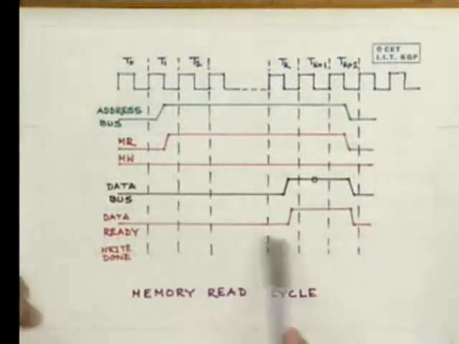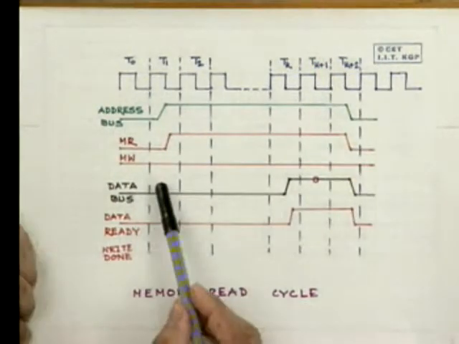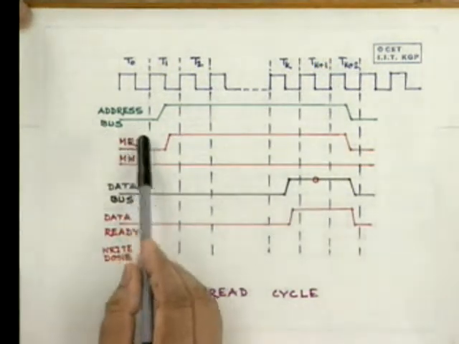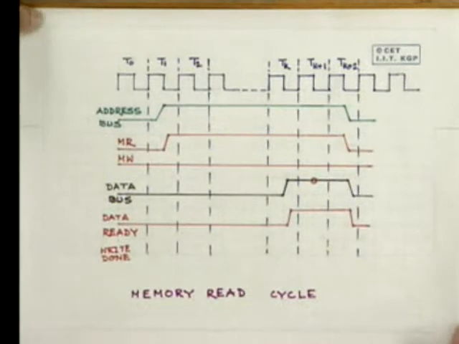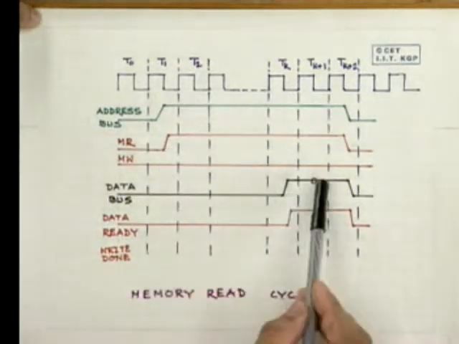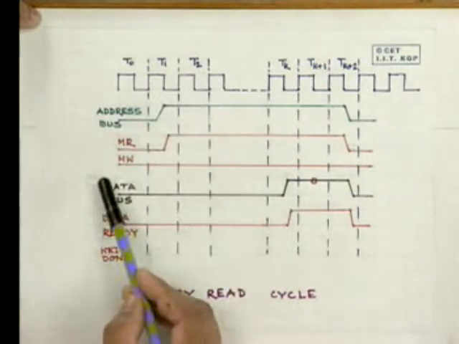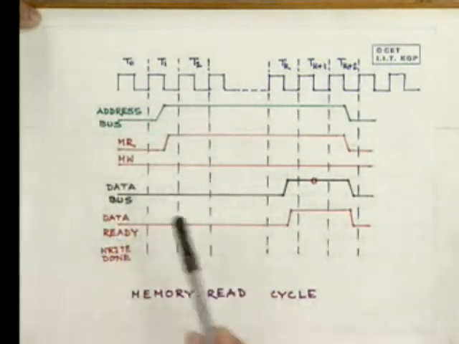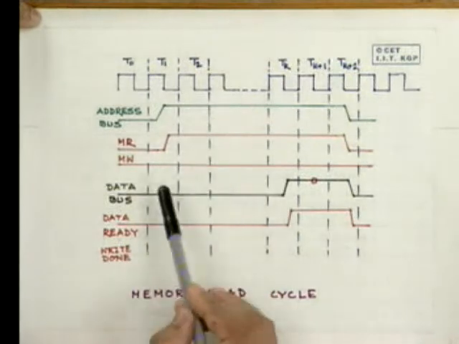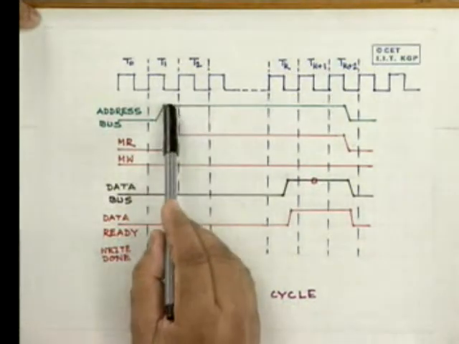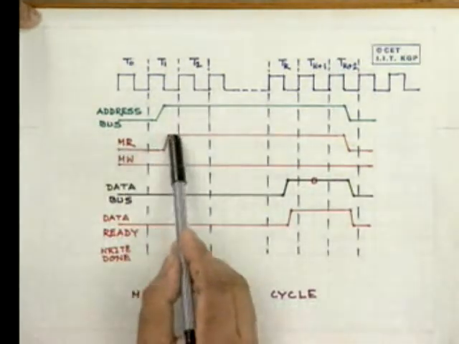Say that if we have an access and the memory is slow, for example the CPU wants to read something from the main memory, as the slide we showed earlier, the address bus is activated, memory read is activated. The address bus carries the address, and the control bus carries the memory read signal.